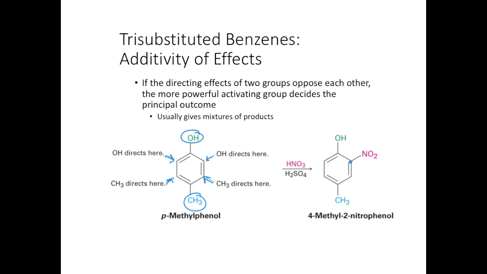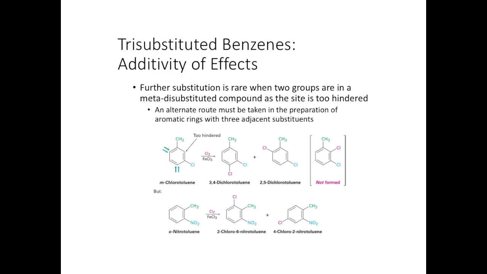If you're unsure of which group is more powerful of an activating group, just look at the previous slide and keep that in your notes. Another thing to mention is that when you have two groups on a ring and you want to add a third group, it's not going to go in between the two groups because it's too hindered.